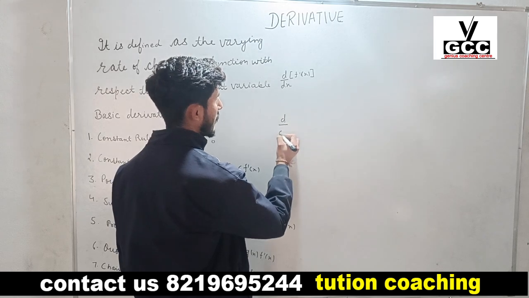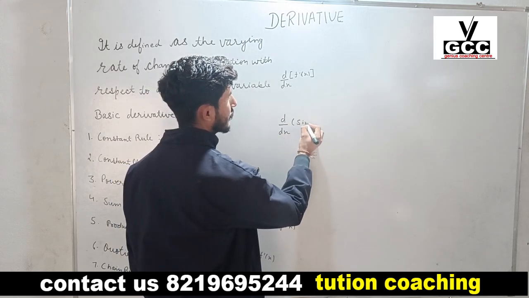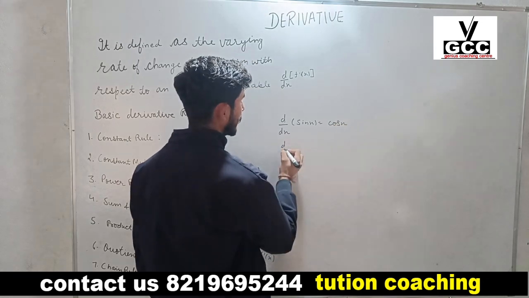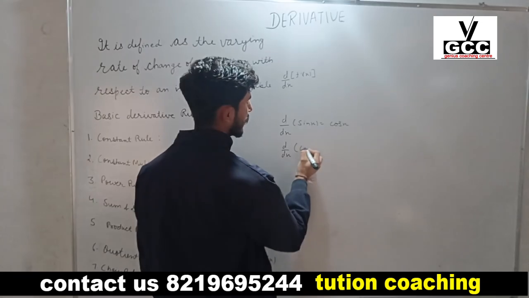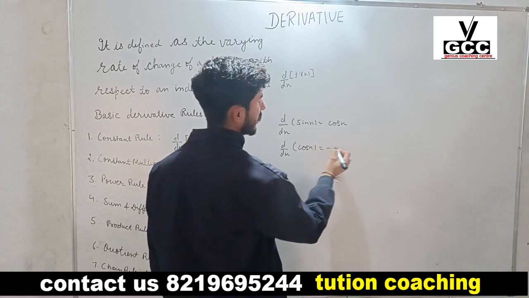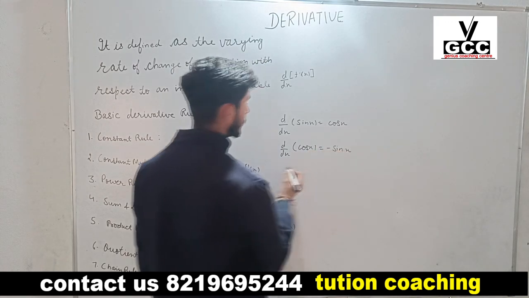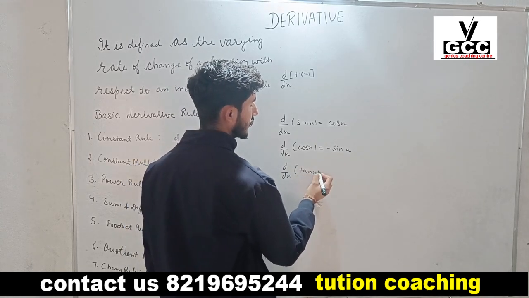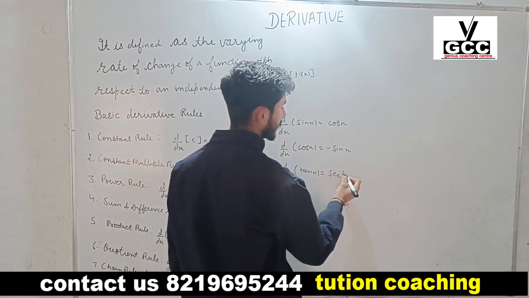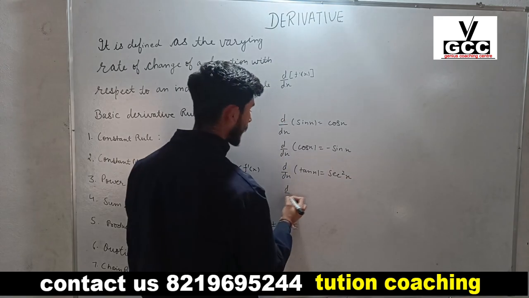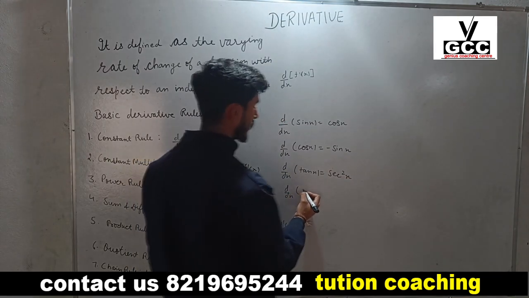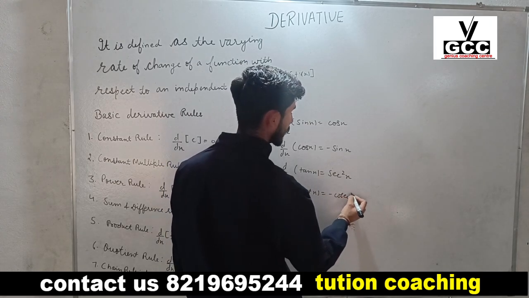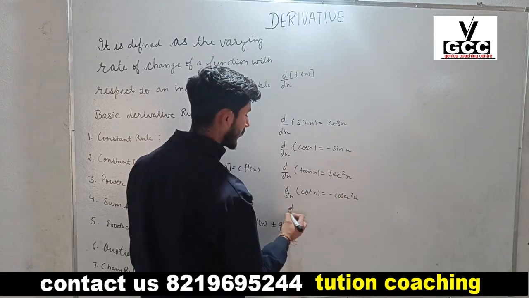Now there are some general formulas of the derivative. First, the derivative of sin x is equal to cos x. Similarly, the derivative of cos x is equal to minus sin x. The derivative of tan x is equal to secant square x. The derivative of cot x is equal to minus cosecant square x.